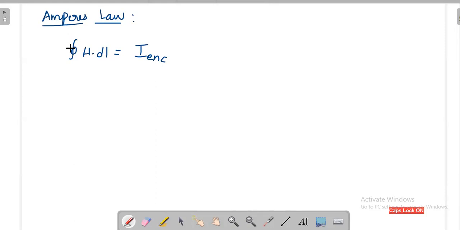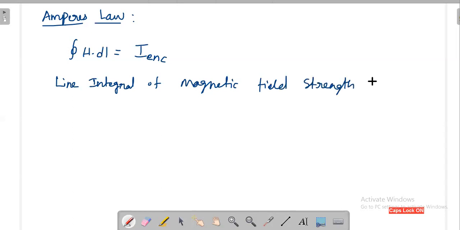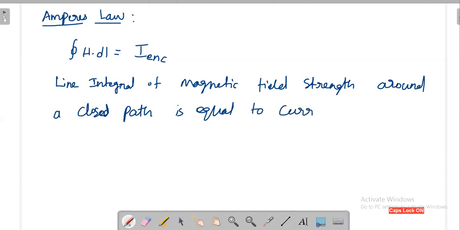What is the meaning of this one? Line integral of magnetic field strength around a closed path is equal to current enclosed by the path.